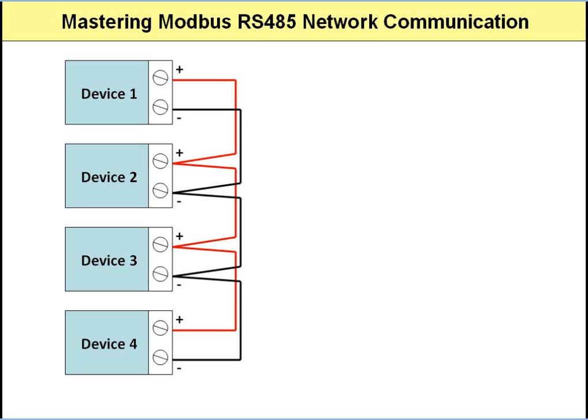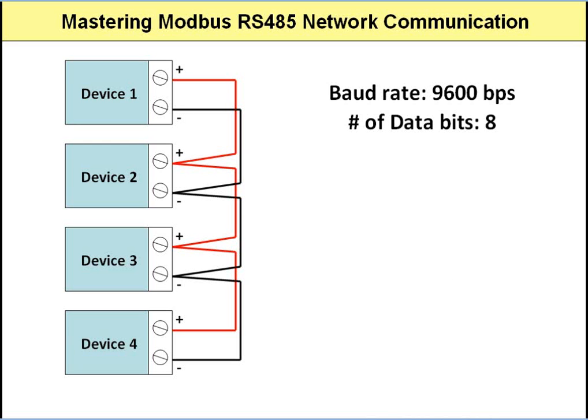For example, I could set all of the RS485 ports to this: baud rate 9600 bits per second, number of data bits 8, number of stop bits 1, parity none. In fact, this is a typical configuration parameter list and settings that you would find in devices. Most devices default to these settings on their port, and it works very well.